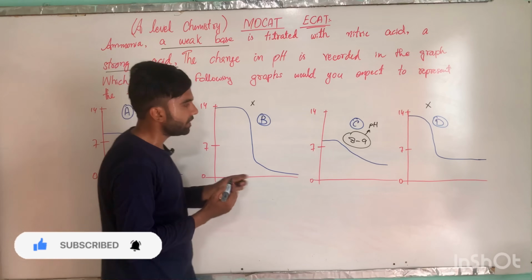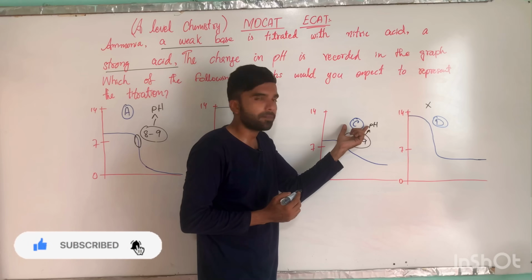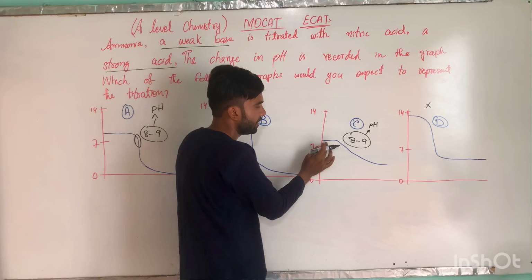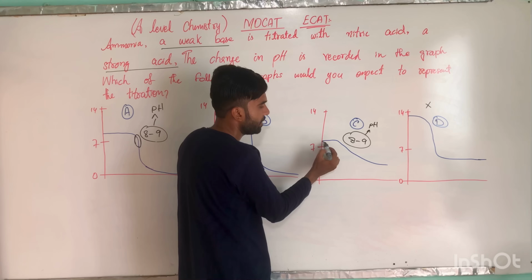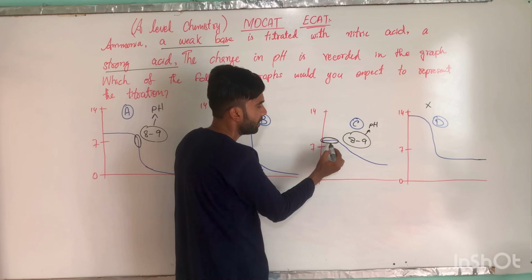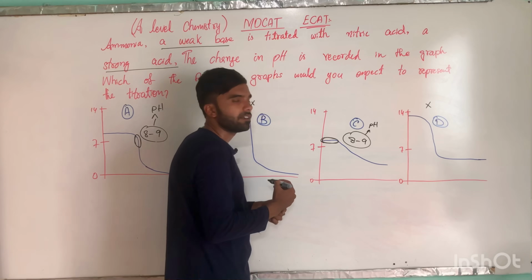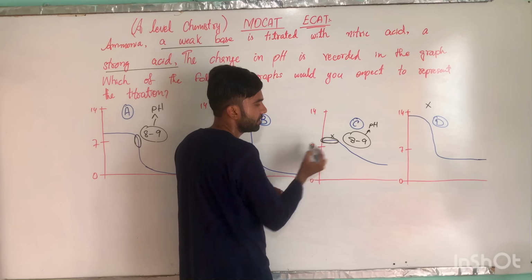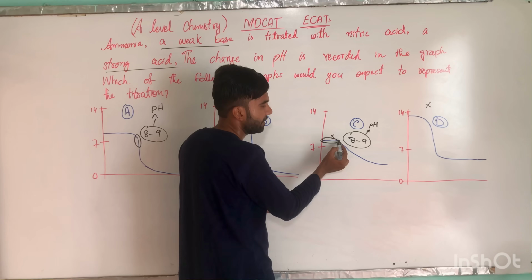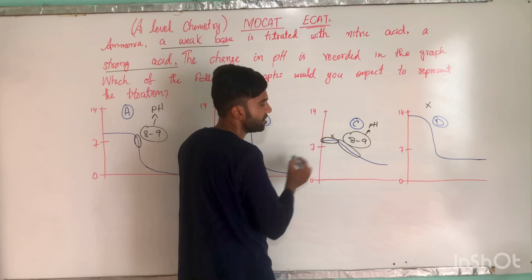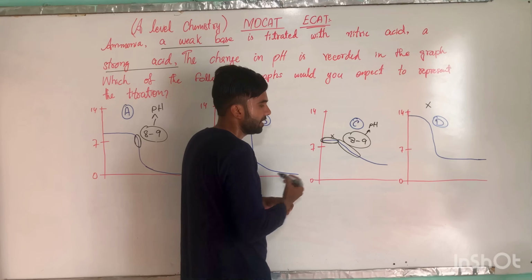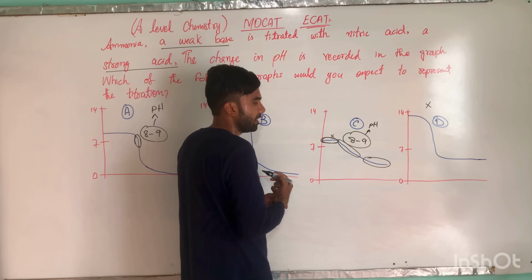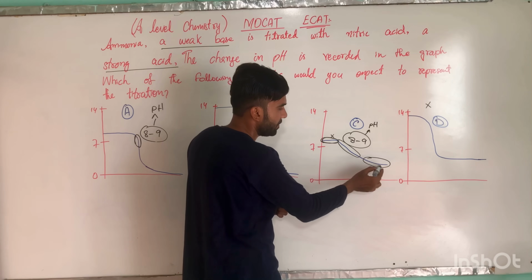When we talk about graph C, at the starting point, when a strong acid is added, there is no change, then a slight change, a slight decline, and again pH.